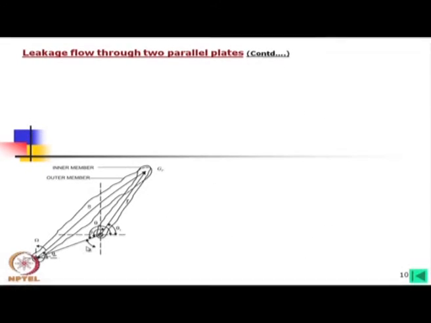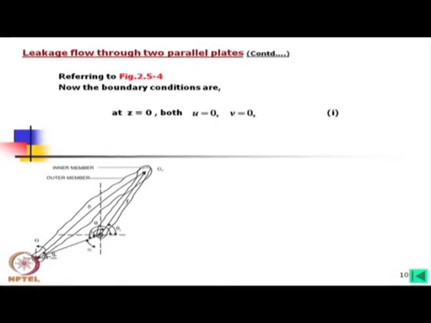Now, again coming to this motion of one plate over the other, what will be the boundary condition at z is equal to 0? In that case, we are considering the capillary passage, the capillary gap is in the z direction. So, at z is equal to 0, both u is equal to 0 and v is equal to 0.